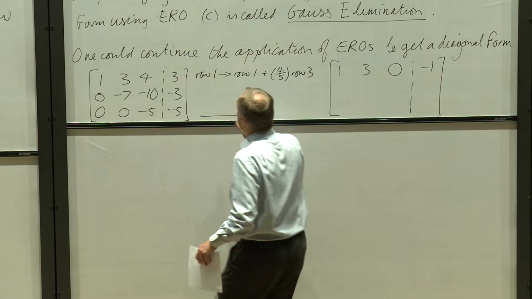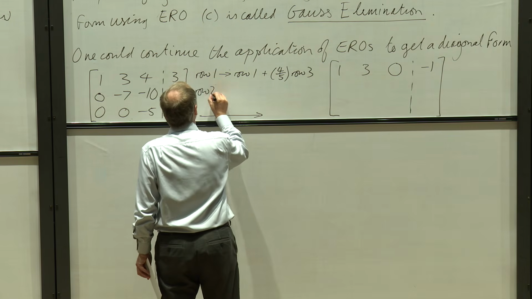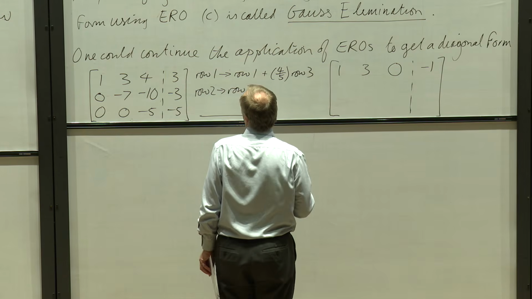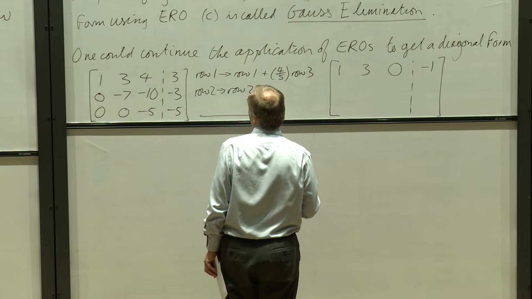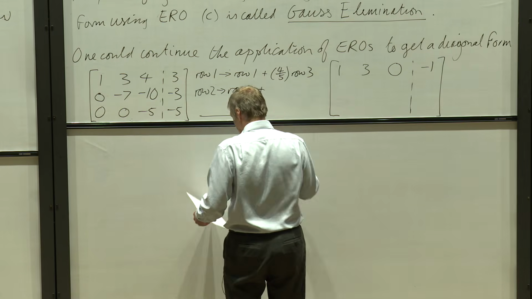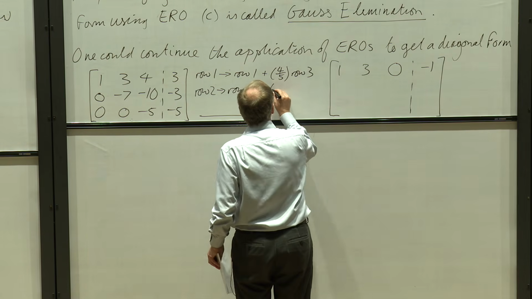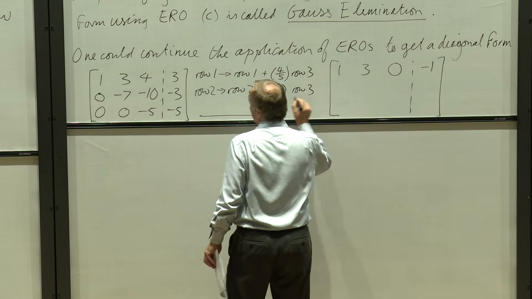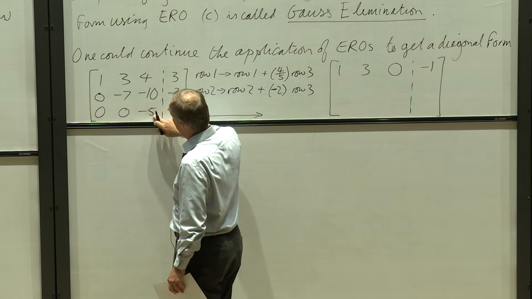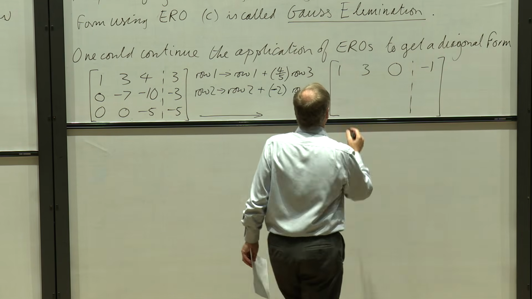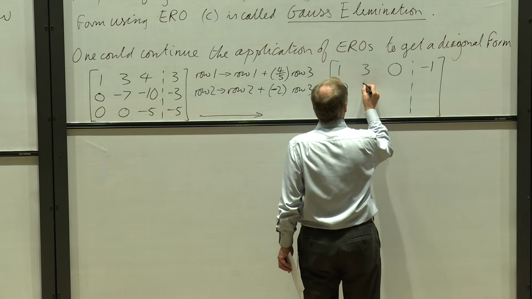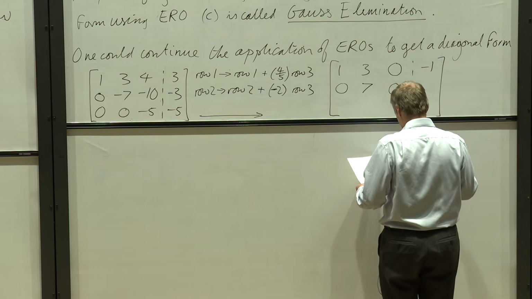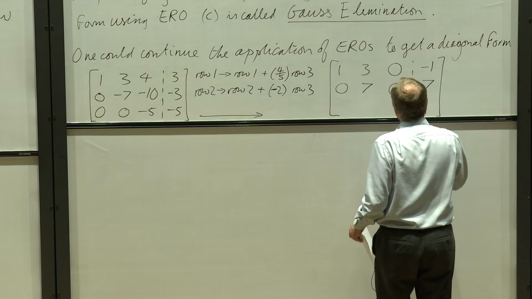And at the same time I'm going to do row 2 becomes row 2 plus, what am I going to do here? It looks like minus 2 lots of row 3. So if I add minus 2 lots of this to this, I should get 0. So again, I get 0 and 7 and 0, and the right-hand side becomes 7.